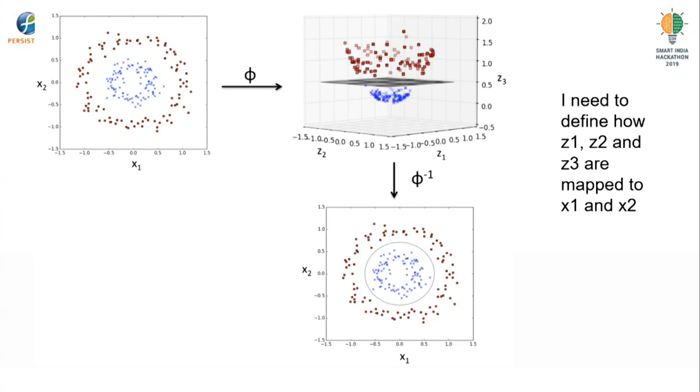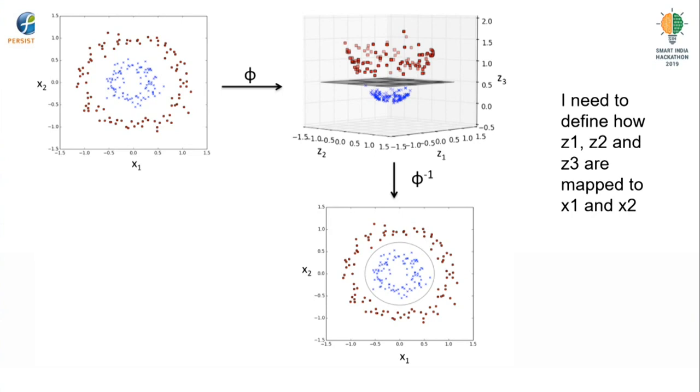However, I can define my own kernel or a transform such as phi, for example, which will convert my data from x1, x2, that is 2 dimensions, to something like z1, z2 and z3, which is 3 dimensional data. Now, I need to define my own kernel here. That kernel I can define something like this.